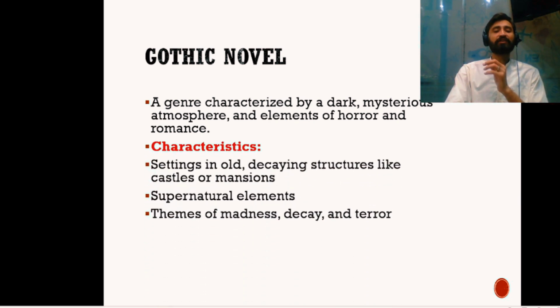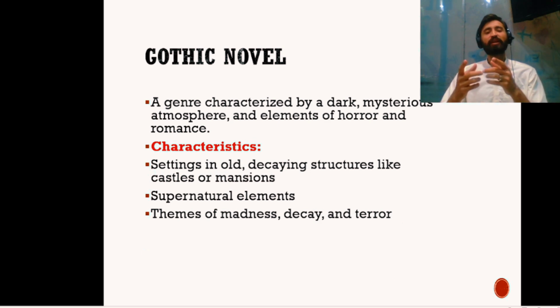Now, what are the characteristics? The setting is old, decaying structures like castles and mansions. You would have seen such kinds of structures, such kinds of homes, in the horror movies of Bollywood and Hollywood, and supernatural elements are there. It is made horror just because of these supernatural elements.